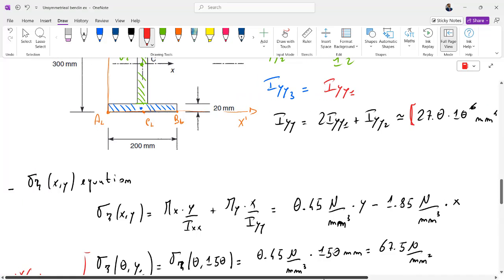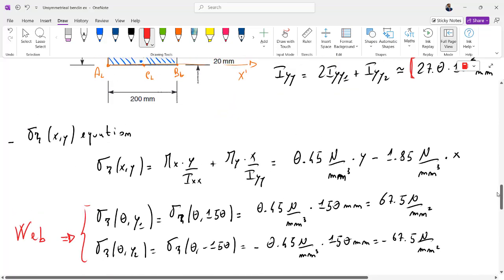Now we can move on to the calculation of the equation of sigma z as a function of two coordinates, x and y. We have seen before that sigma z of x, y is equal to Mx times y divided by the moment of inertia with respect to x, plus the projection of the moment M on the y-axis, My, times x divided by the moment of inertia that we have calculated a few seconds ago.